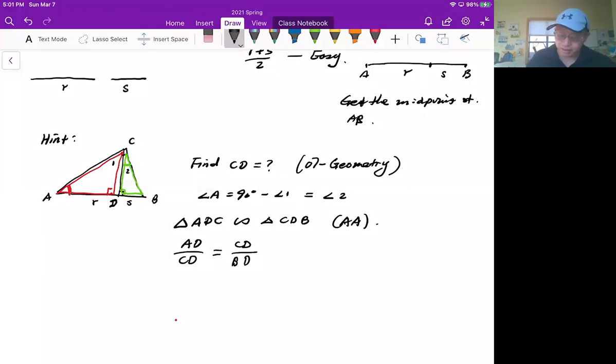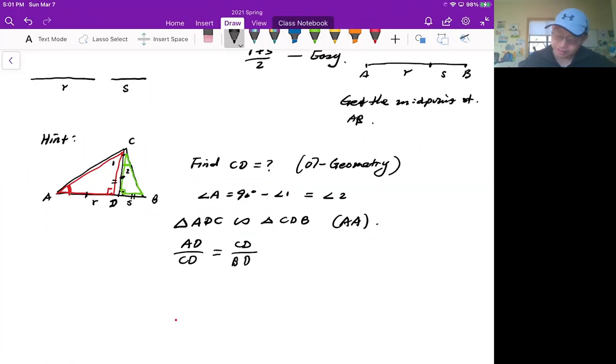Can you see that? Right. So first I have the AD. AD is here, but what corresponds to the AD in the other triangle? That's just here, right? You got this.